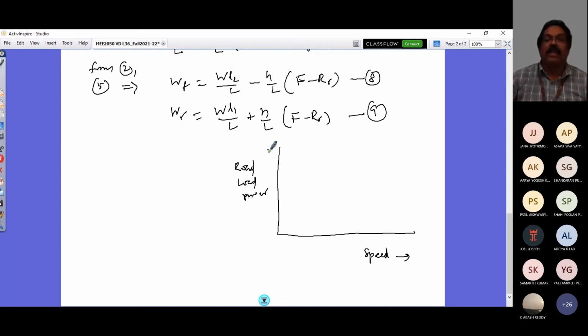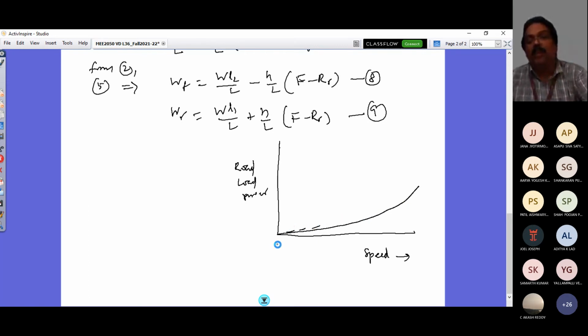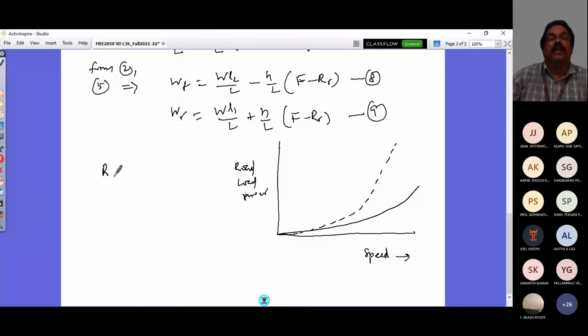So if I take this, I would see that the mechanical load power would be gradually going like that. Whereas if you look at aerodynamic resistance, initially it appears smaller, but as the speed increases, this would go with a higher rate. Aerodynamic resistance itself is a topic and subject for vehicle longitudinal dynamics.